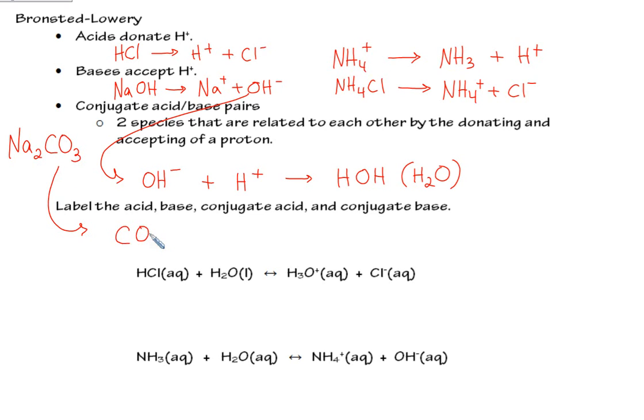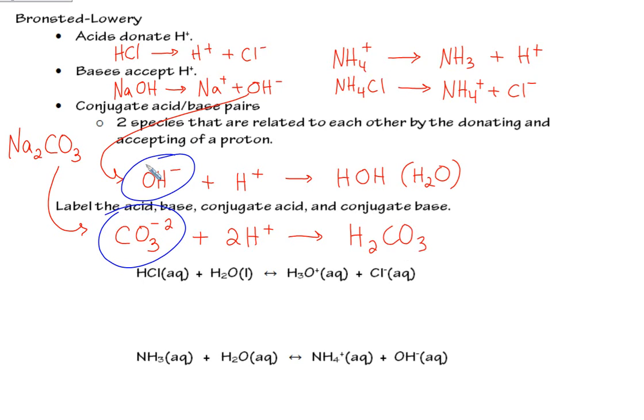What if you got this in solution, and again, there are hydrogen ions present? It could pick up 2 hydrogen and form H2CO3. The carbonate ion can act like a base. The carbonate ion can remove hydrogen from solution.